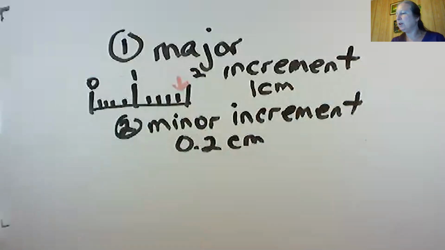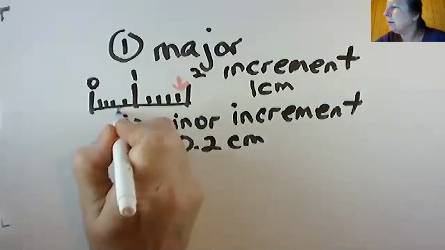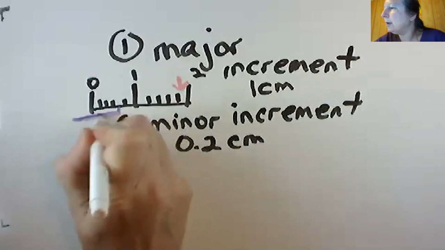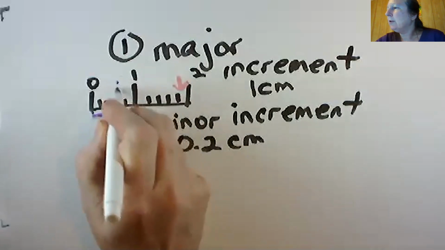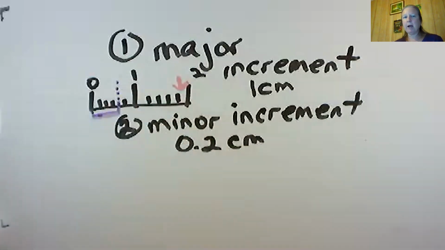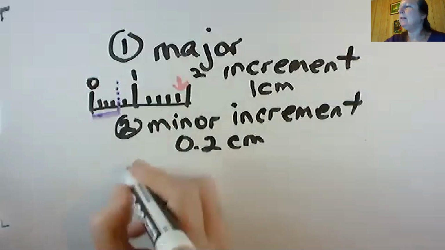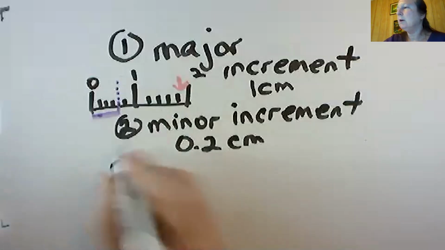My uncertainty is if I have something that I'm measuring, let's say it goes to right here. Okay, ignore the back part here. And so it's in between my minor lines. Well, what's that number? Because that's part of your measurement. That in between is part, and that is your uncertainty.